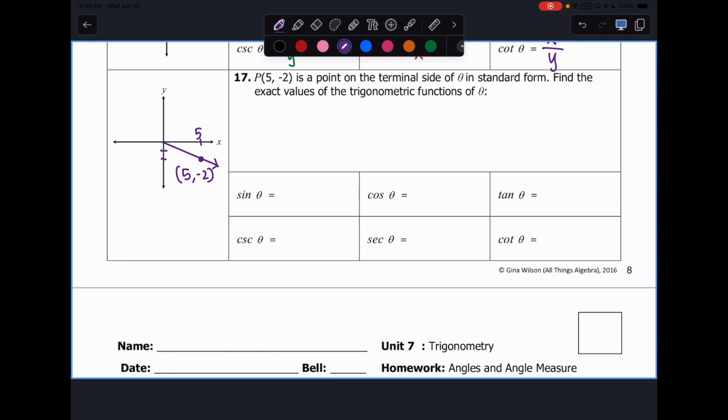5, -2. So we're going to try to find the side lengths. It's not going to be that hard. Watch this. If I were to drop a line straight down from that 5, what's the distance between the x-axis and -2 here? It's -2, correct? Yes? Okay. What's the distance from the origin to the 5 then? 5. Do we know the hypotenuse yet? That's when you use the Pythagorean theorem.